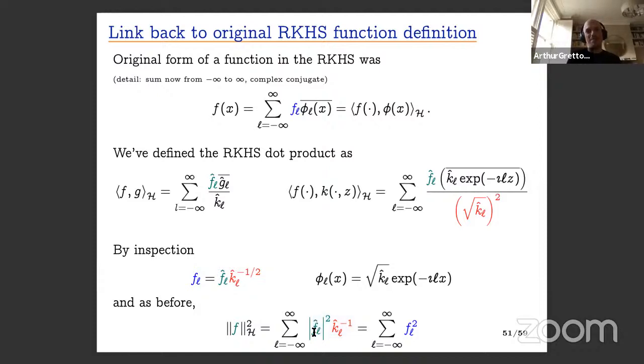It tells me that my Fourier series coefficients are being penalized in this way. But this is just to give coherent notation between the first and second half of the slides. So are there any questions about this slide? Okay, so that's just a nice summary slide.